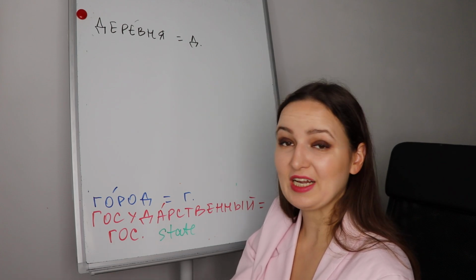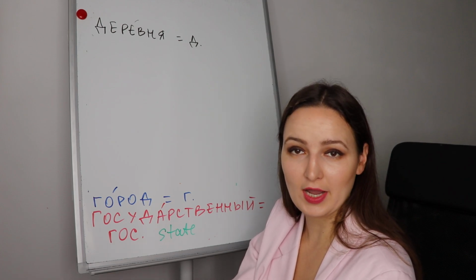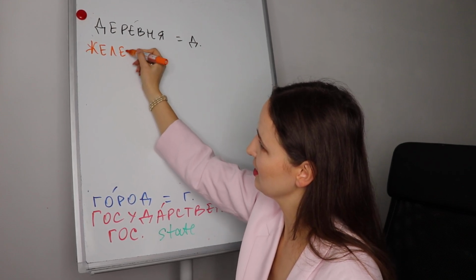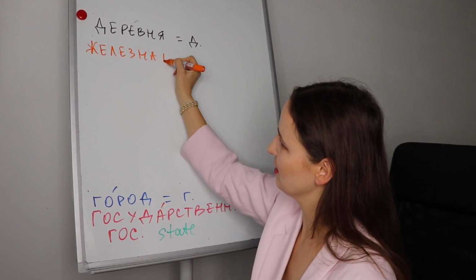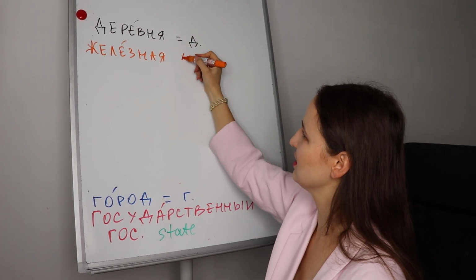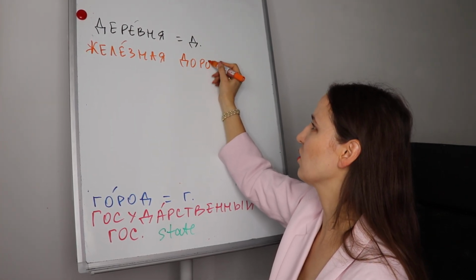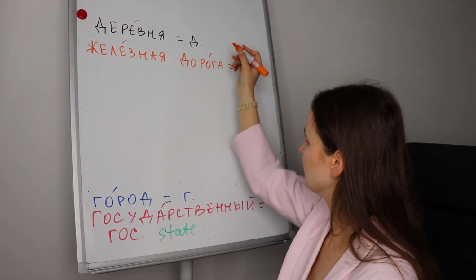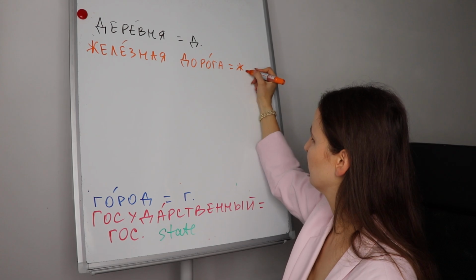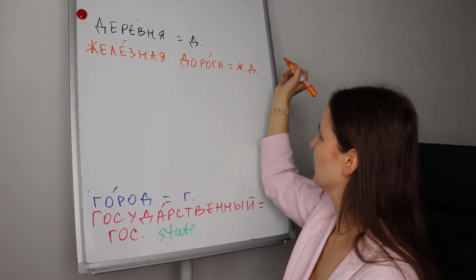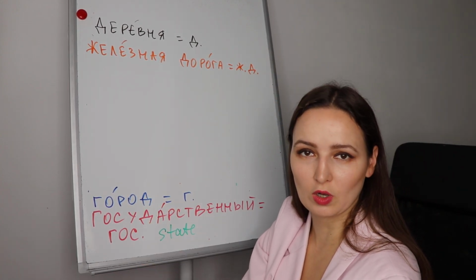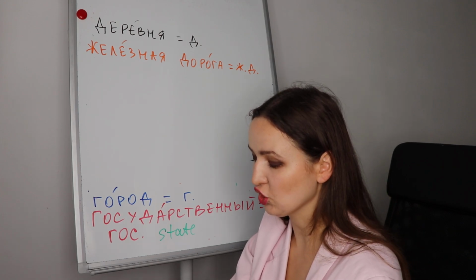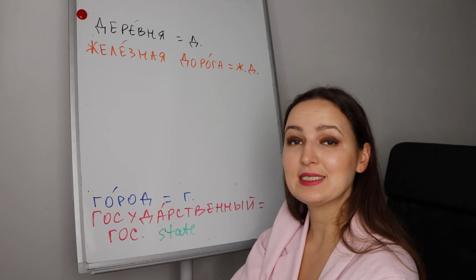Железная дорога, railway. We abbreviate it with G and D. Железная дорога. Railways.